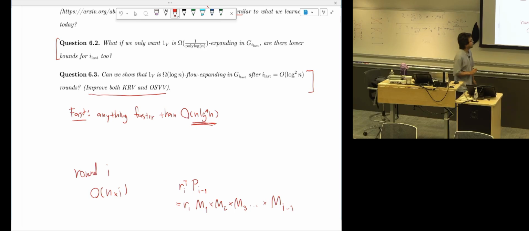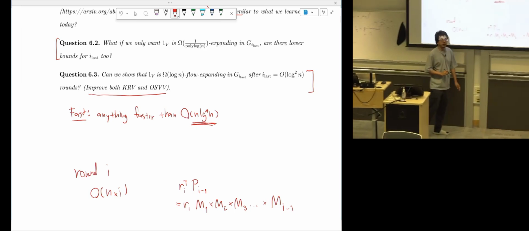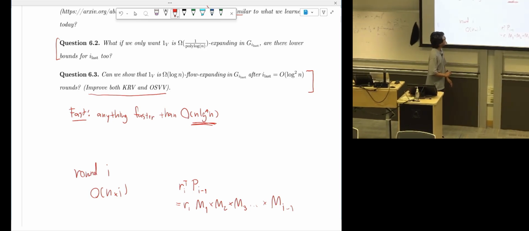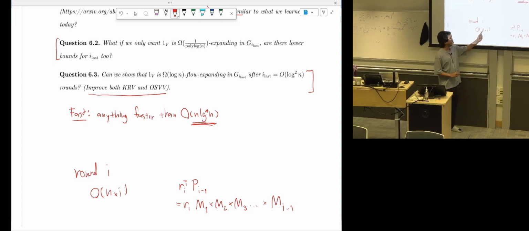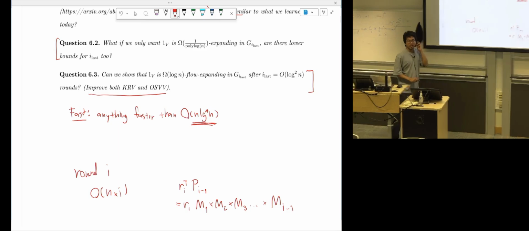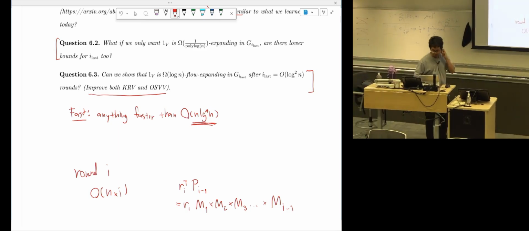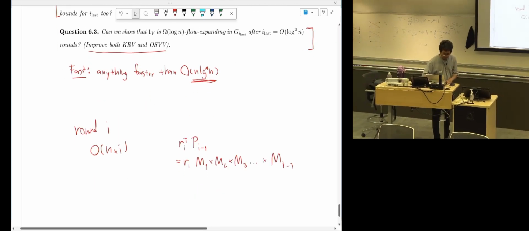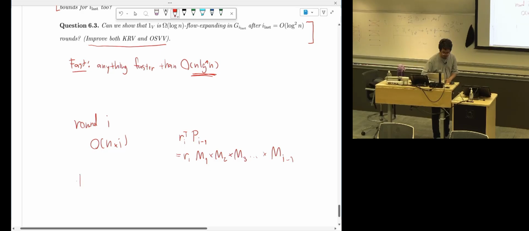And i goes up to log squared. Right? So in each round it's really O of n times i, and then i goes up to log squared. Exactly. So the total time is n times log to the fourth. Which is this thing.